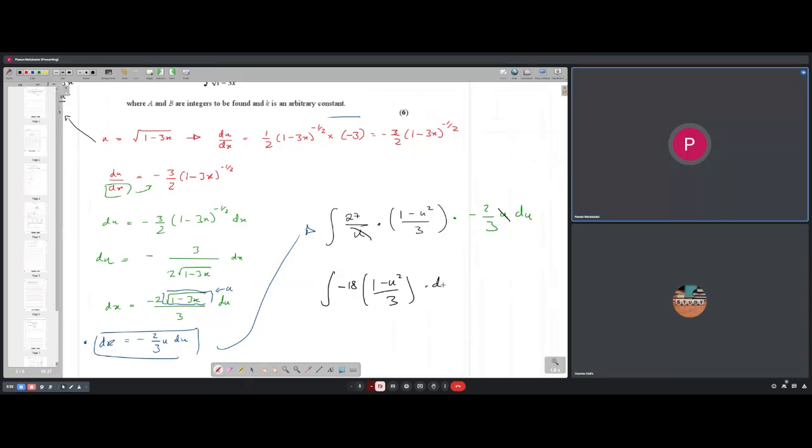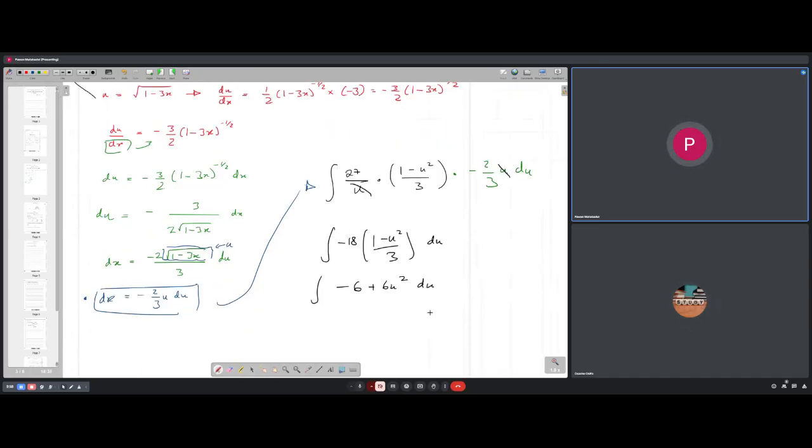Oh, look, you can simplify that nicely as well. Because then now you've got minus 6 plus 6u squared, basically. Right? Minus 6 plus 6u squared. Do you see that? Do you understand everything I've done?